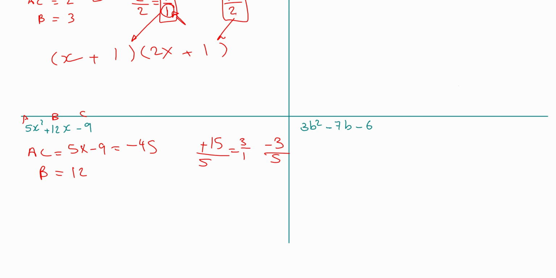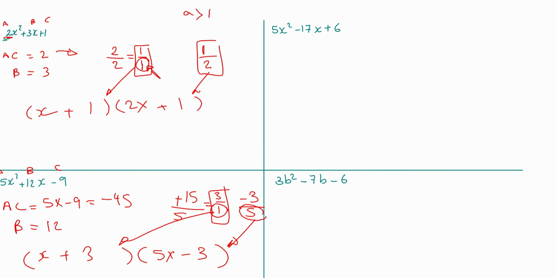So the brackets will be: this fraction represents the first bracket and the other fraction represents the other bracket. So here will be x plus 3 and here 5x negative 3. Okay?